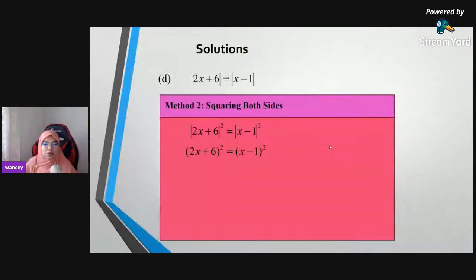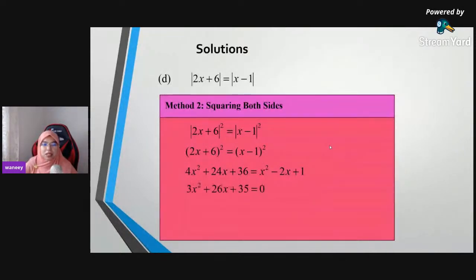So we have 2x plus 6 squared equal to x minus 1 squared. And then expand left hand side and right hand side very carefully. So we are going to get 4x squared plus 24x plus 36 equal to x squared minus 2x plus 1.